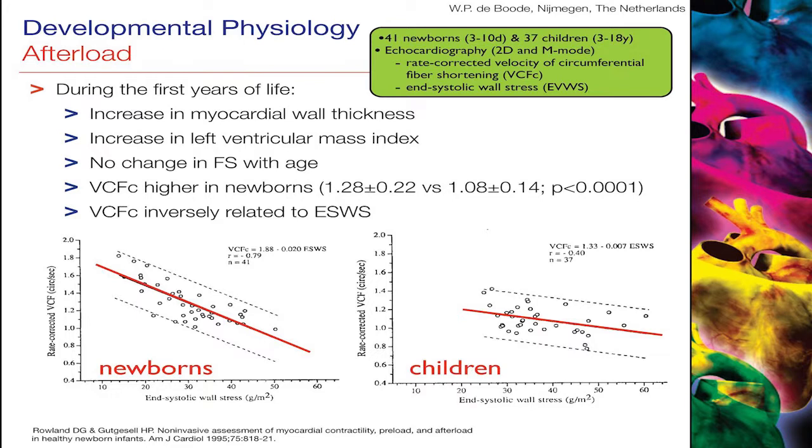What you can see also in this slide is that at a certain amount of afterload, at a certain wall stress, the contractile force is higher. So you can state that newborns have a higher basal contractility.